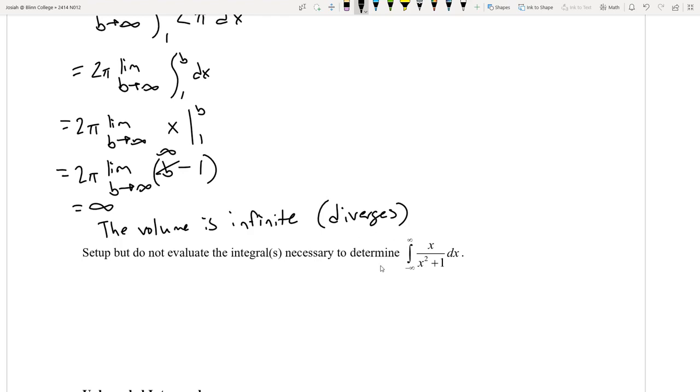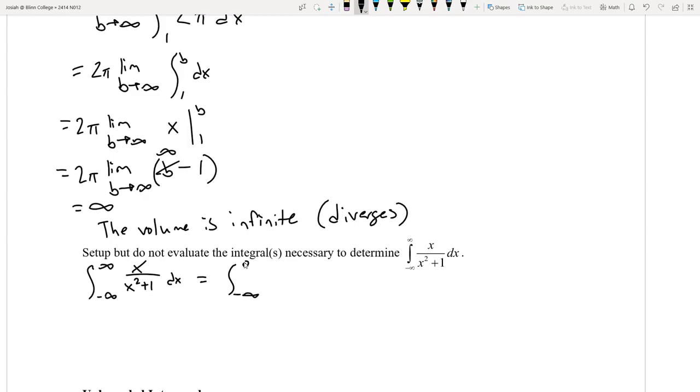So when we do something like that, we cannot just introduce two different limits at the same time. What we're actually going to have to do is break up this integral into two pieces. We have to pick some value on the number line to act as the intermediary here.